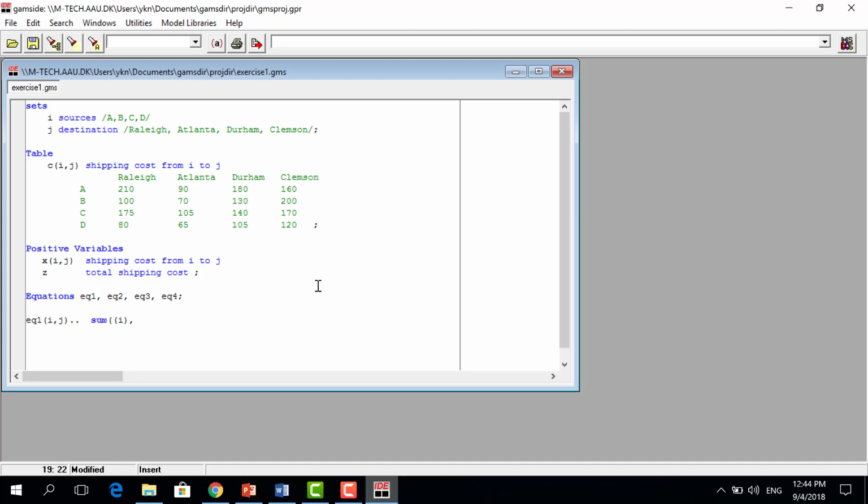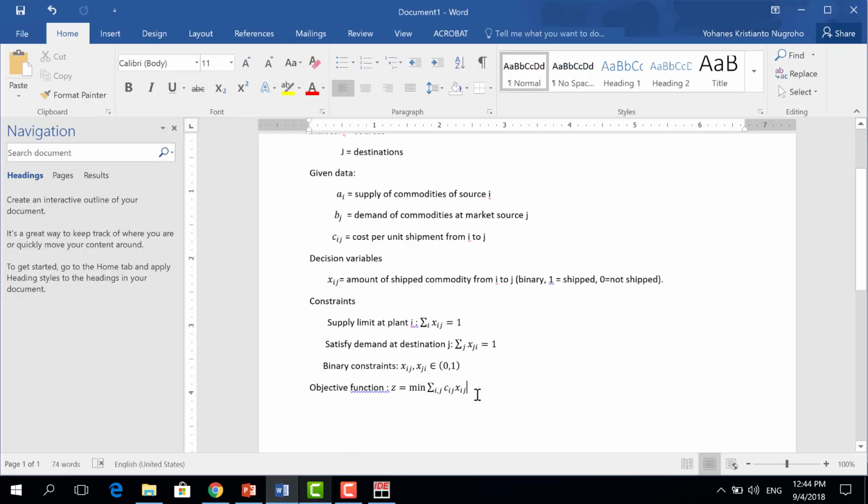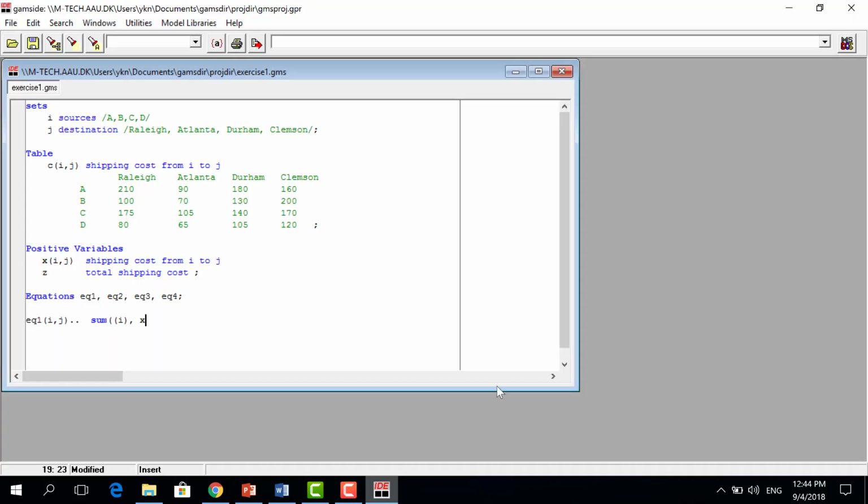It is the sum over I of xij, equal to 1.0, and semicolon. Here xij equal to 1.0.